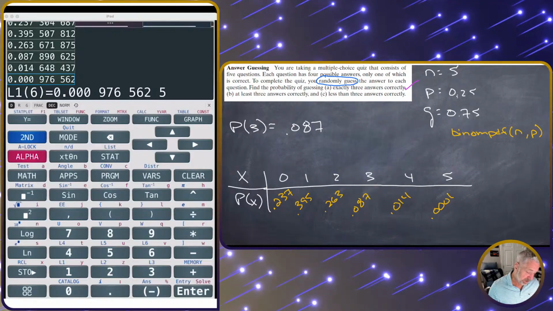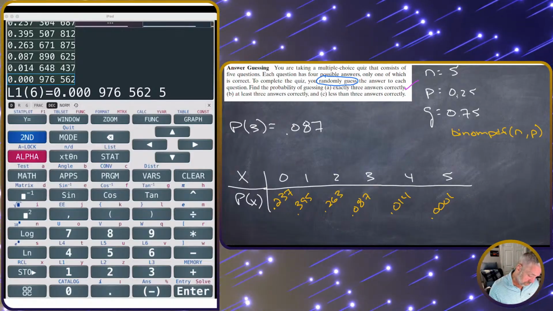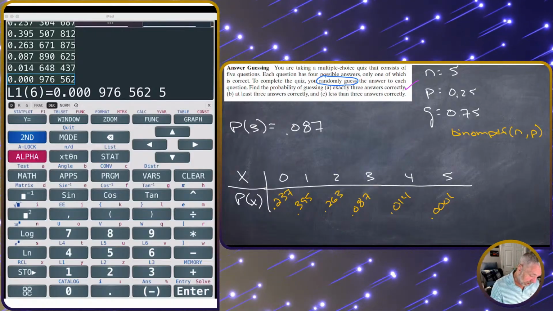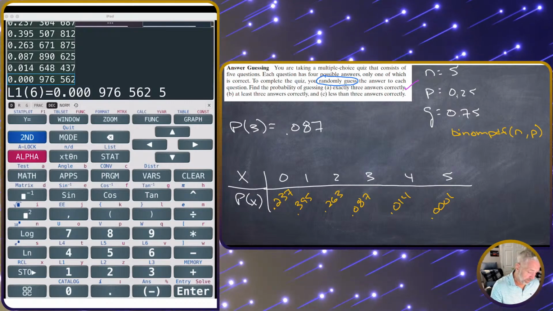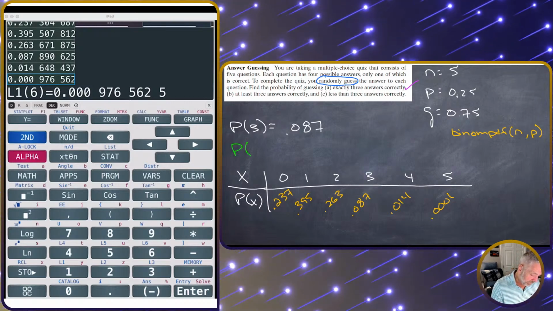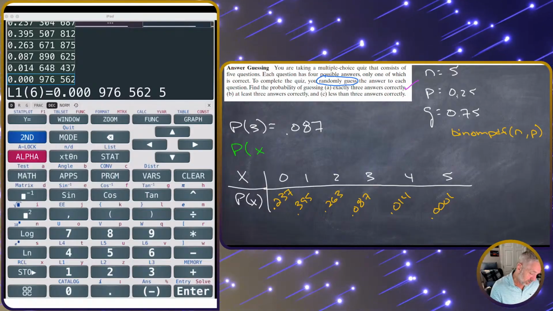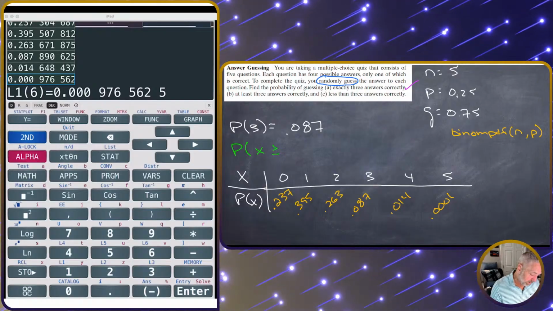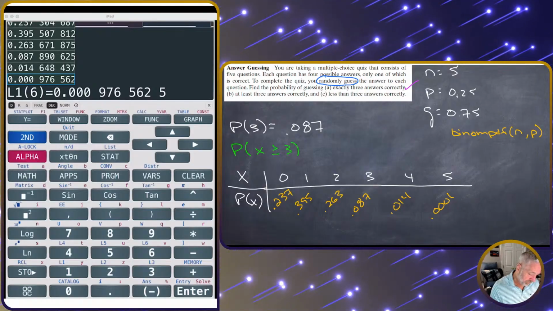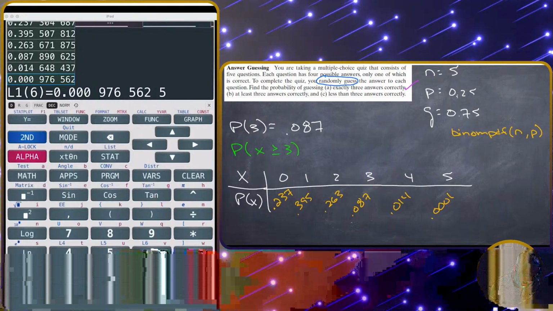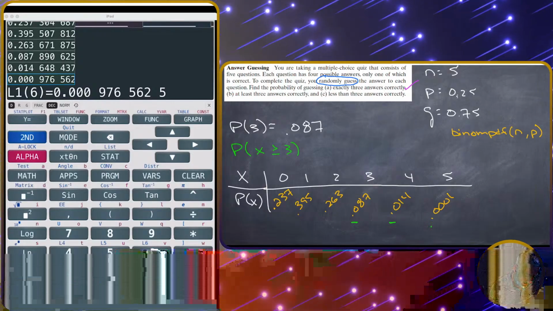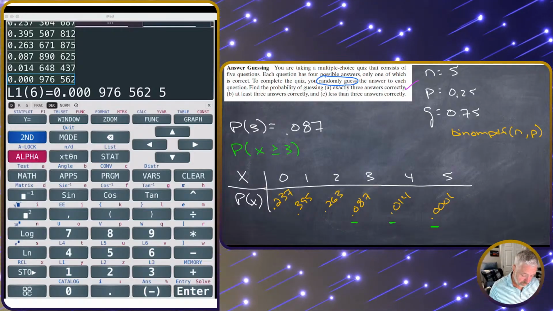Now, at least 3 answers correctly. Okay, so if I'm looking for at least 3, then I'm looking for the probability that x is greater than or equal to 3. Okay, well, I would add this and this and this together.